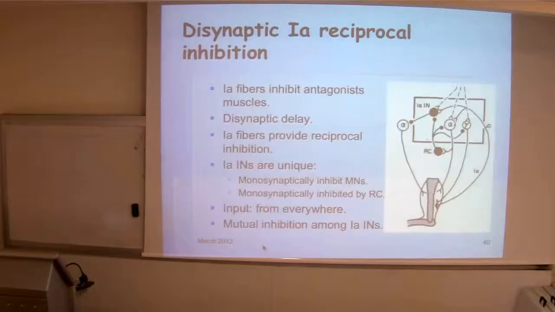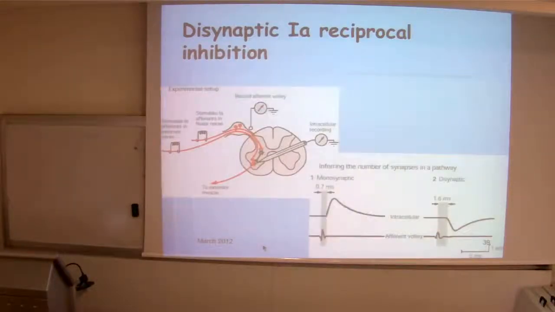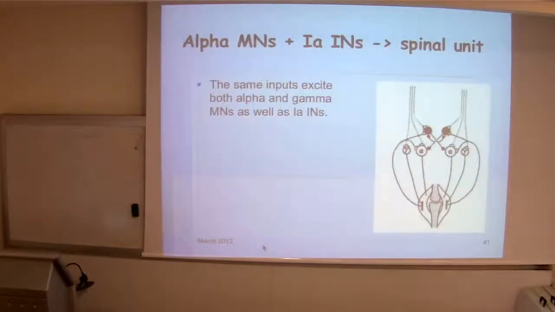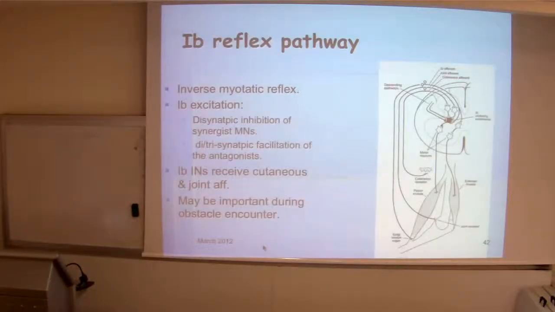In the previous case, one synapse was enough. Here, it's not one synapse. If you take one IA fiber from a spindle, just one, and activate it, you wouldn't get the reflex. You need more, and you have more. You have a lot of spindles in the muscle. So we can skip that.